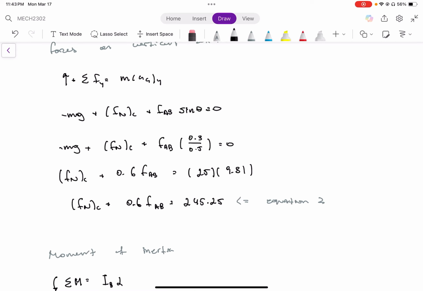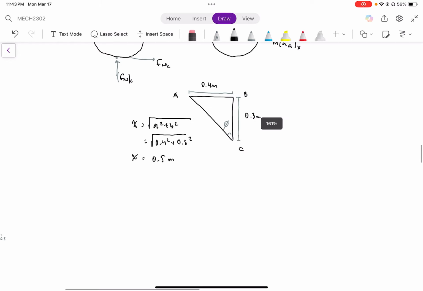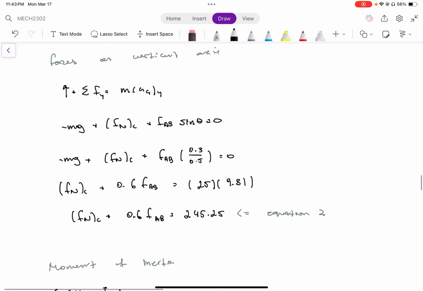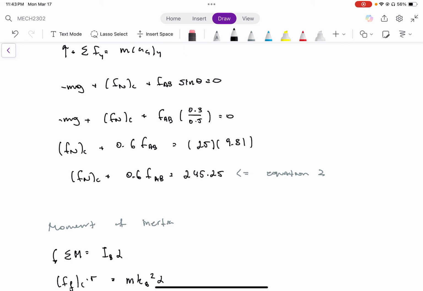Again we use the ratio from the triangle, sine is 0.3 over 0.5. We simplify everything, put mg to the other side where it becomes positive, and this gets us to equation two, where we still have two unknowns.